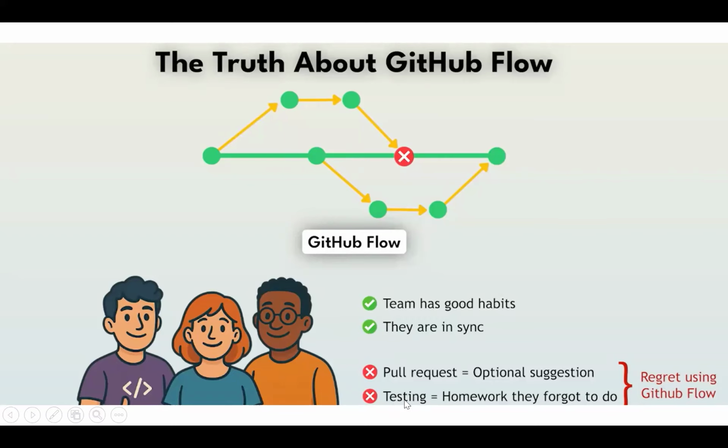If testing is not done, the pull request has already been sent, and you have not implemented a reviewer, anyone who can see your code can easily get it merged. So people who make things optional say they regret using the GitHub flow. If you make everything compulsory, then you can use it.